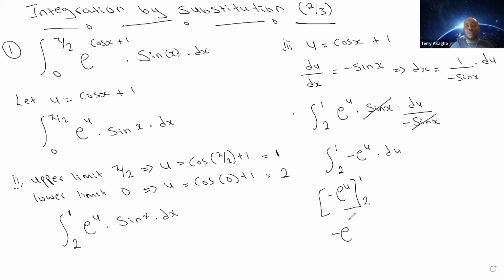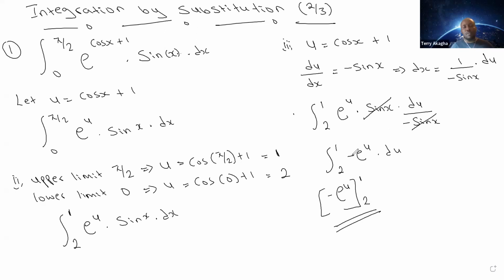So minus e to the 1 minus minus e squared, and the answer would be the value for that. Usually in some textbooks, they just prefer to stop here, and you can just put it in your calculator and it will give you the answer. So you substitute 1 into this, minus when you substitute 2, and that will be that for that.